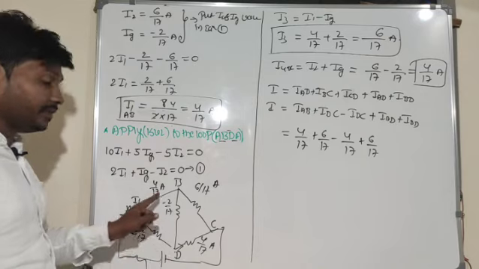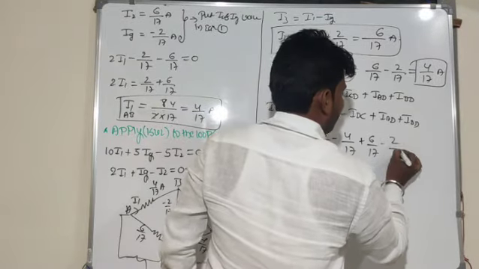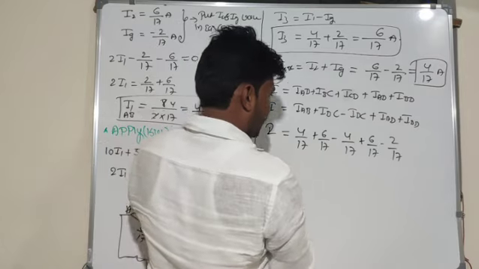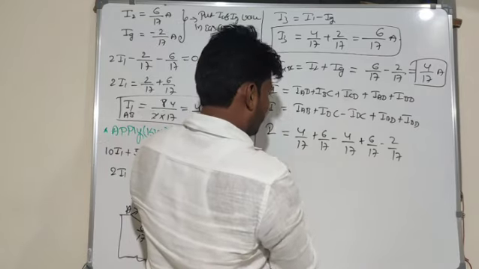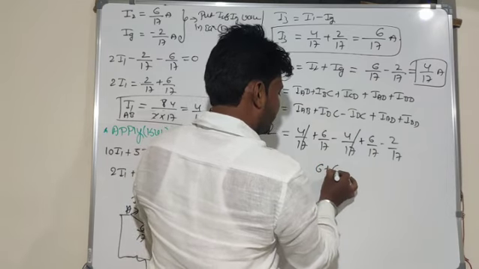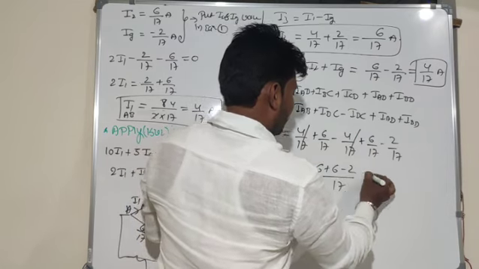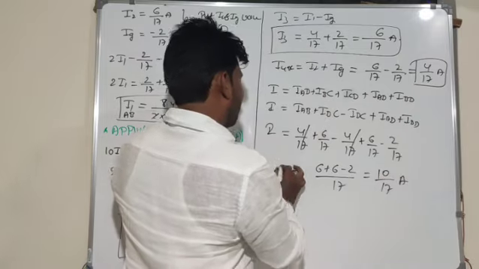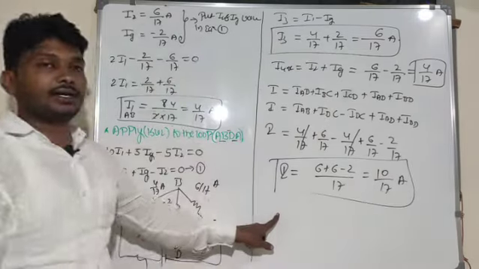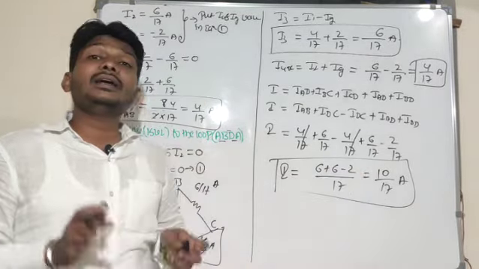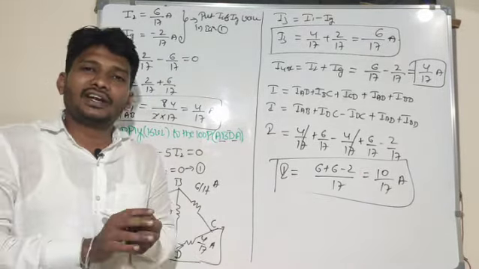And last, between B and D, minus 2 by 17. Total current here: plus 4 by 17 minus 4 by 17 will get cancelled out. 6 plus 6 minus 2 divided by 17, so 10 by 17 ampere. What is the total current in the circuit? In that entire circuit, the total current is 10 by 17 ampere. Hope you are understanding these things.